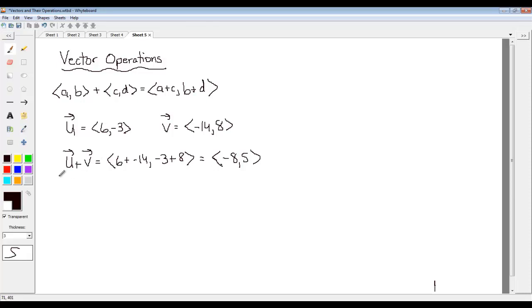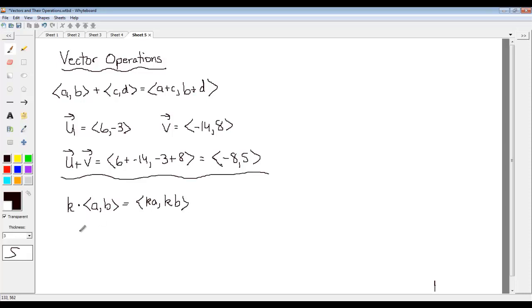If you have some constant k times the vector AB, then you're going to have the vector (ka, kb).